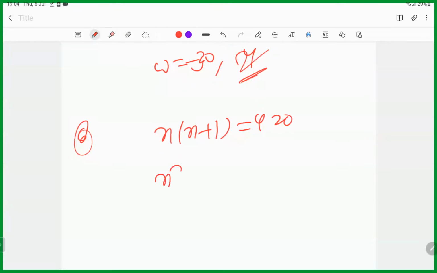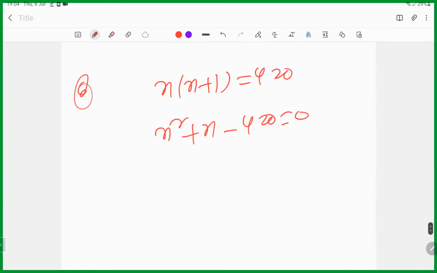N square plus n minus 420 equal to 0. So what are the middle terms? Middle terms are 20 and 21.